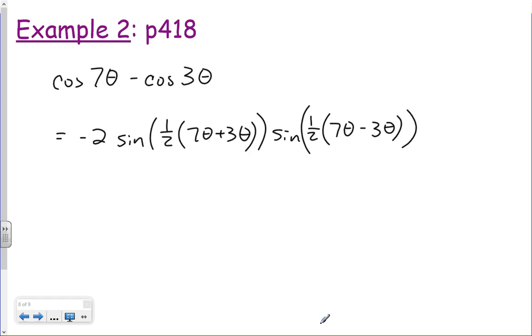We'll put another set of parentheses there. And now simplify this thing. We've got negative 2 times the sine of, 7 and 3 is 10, half of that would be 5 theta. And 7 minus 3 would be 4 theta, half of that would be 2 theta, sine of 2 theta. So we end up with the difference of two cosines can be rewritten as negative 2 times the product of sines.